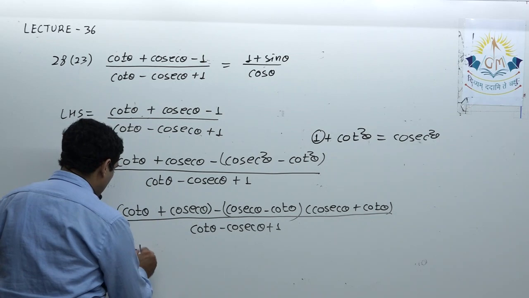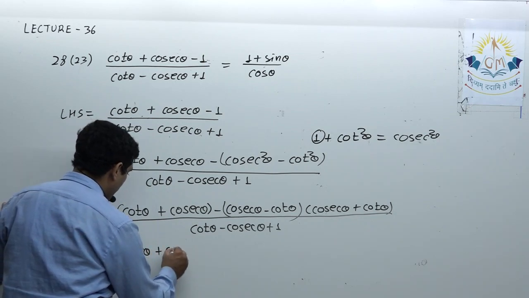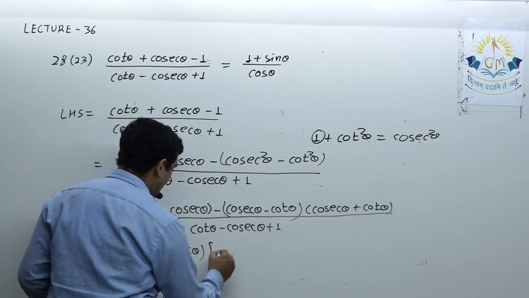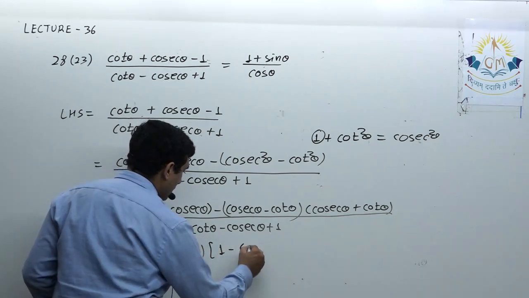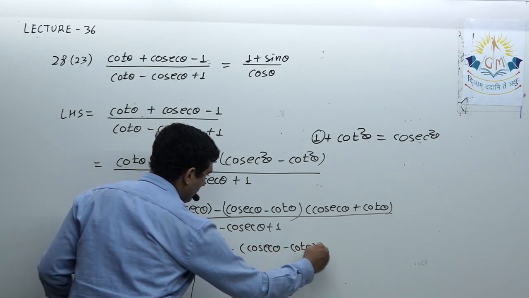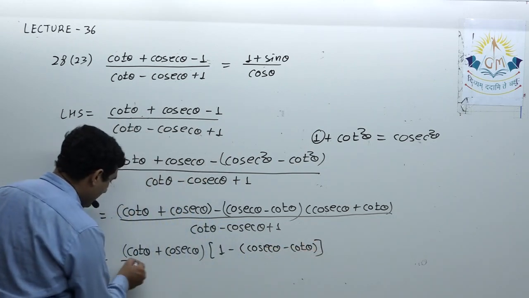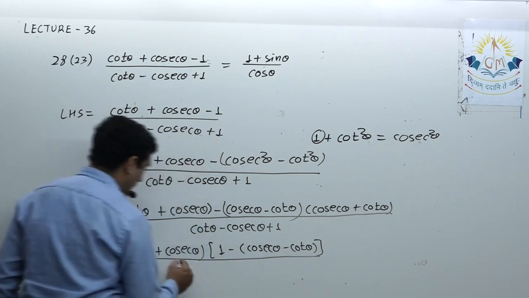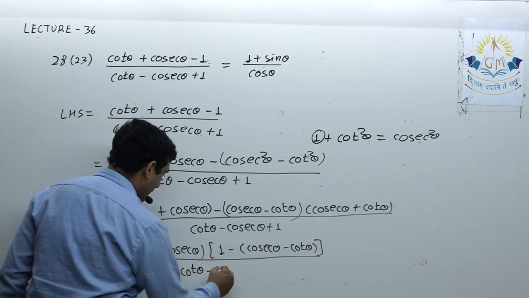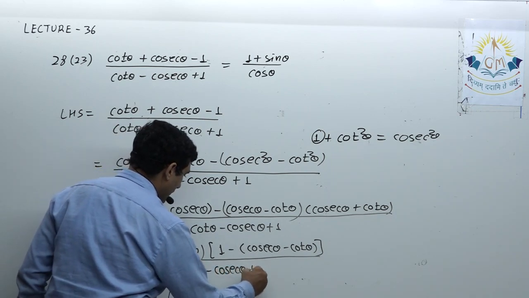If I take it common from the numerator, I will be left with 1 minus (cosec theta minus cot theta), and in the denominator I have cot theta minus cosec theta plus 1.